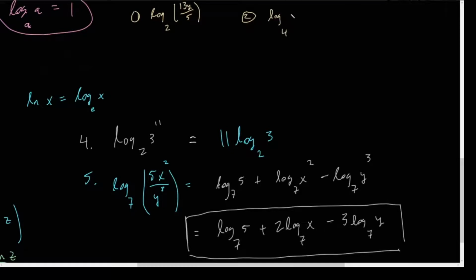Log base 4 of pi x squared divided by y cubed. So the pi and the x squared are both in the numerator. It doesn't really matter. It would be the same either way. And then lastly, log of 3z squared over x w to the 5th. There you go. Okay, attempt these 3 and we'll go over them.